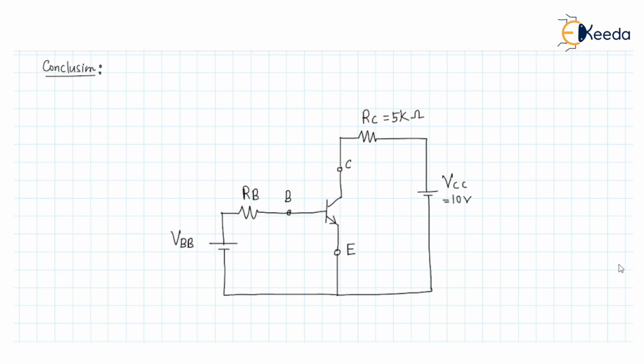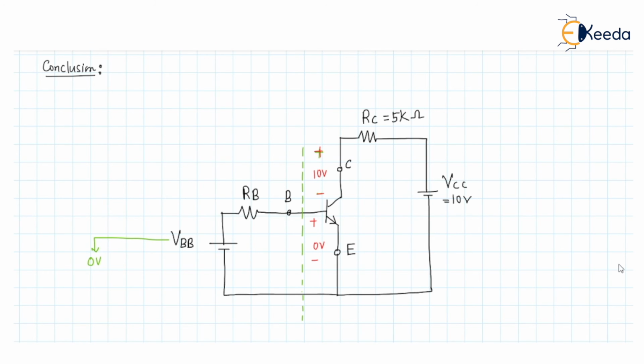At first, when the VBB potential was 0 volt, then the VCB voltage was plus minus 10 volt, and the base to emitter potential was 0 volt.